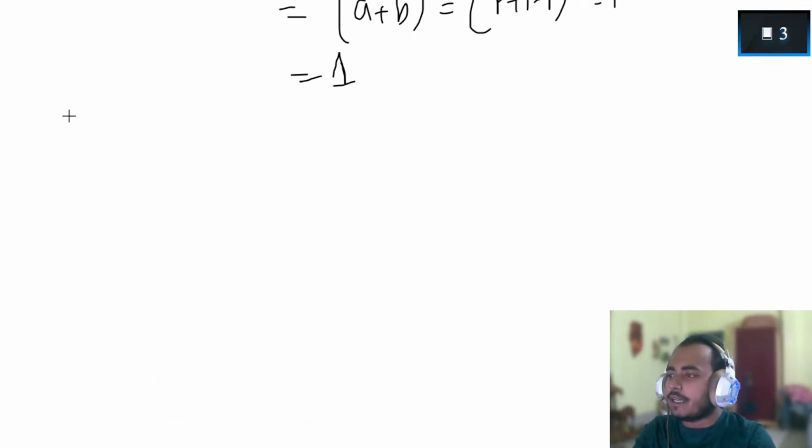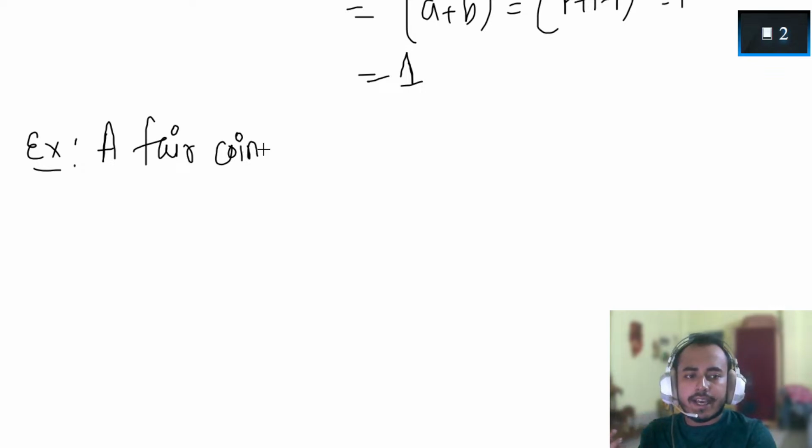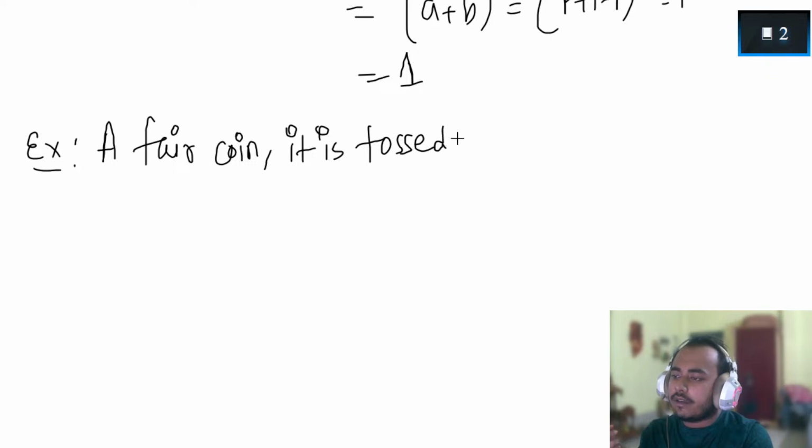So let's take an example here. Let's say there is a fair coin, and it is tossed 10 times.